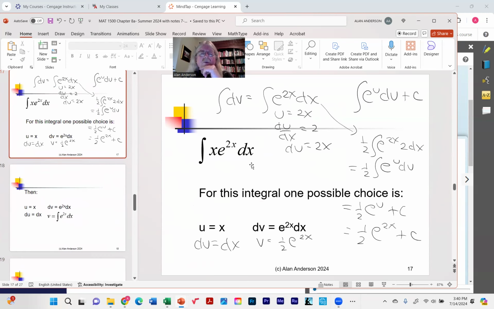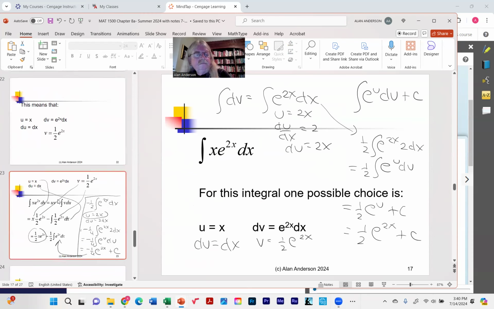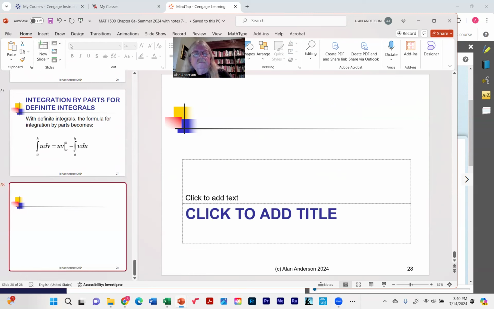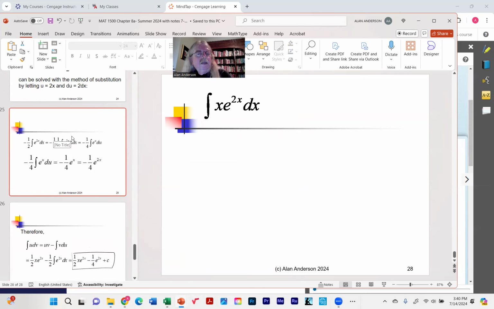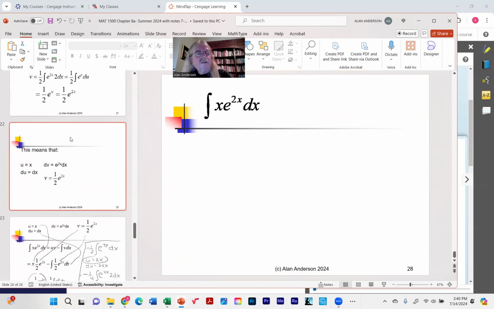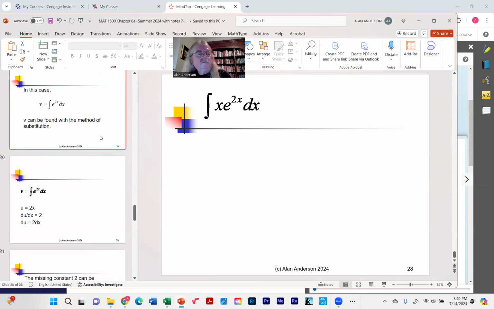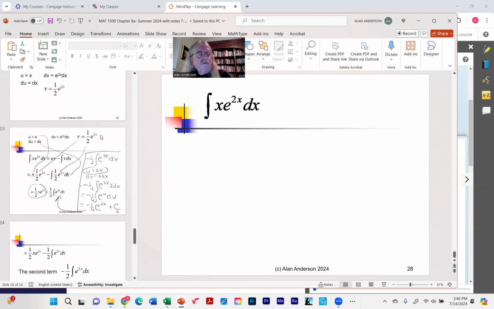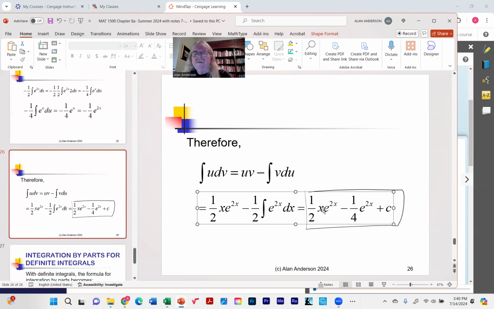Let's say here's the starting point. That's our initial integral. And we did a lot of work to discover this integral is this.